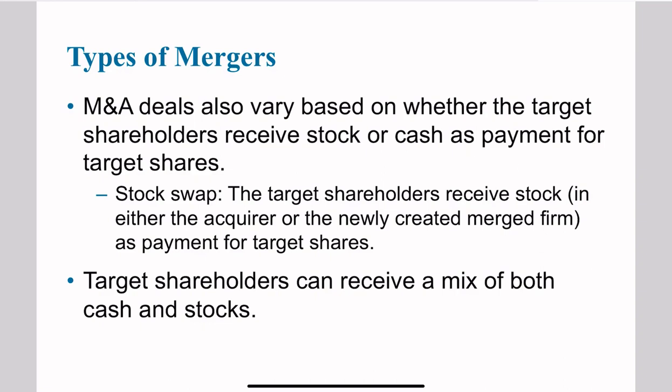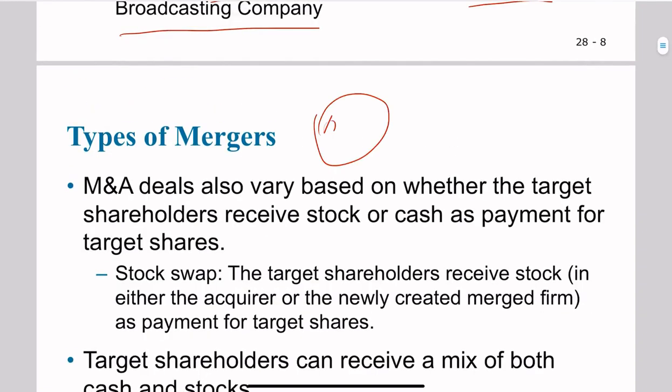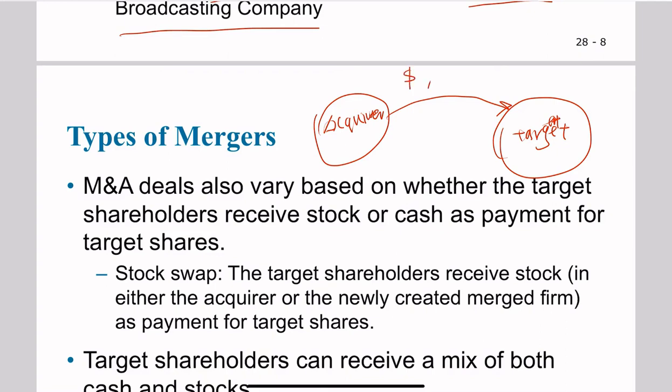If an acquirer acquires a target, you have to think about how the target firm's shareholders are paid. The acquiring firm can pay target firm shareholders either using cash or using stocks.